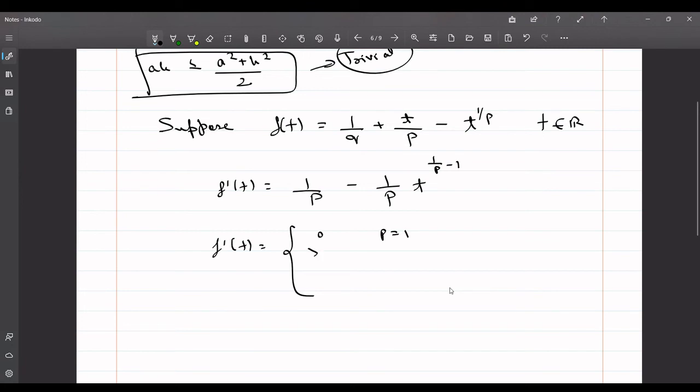It is greater than 0 if t is greater than 1, and less than 0 if t is less than 1, provided p is less than, clear?